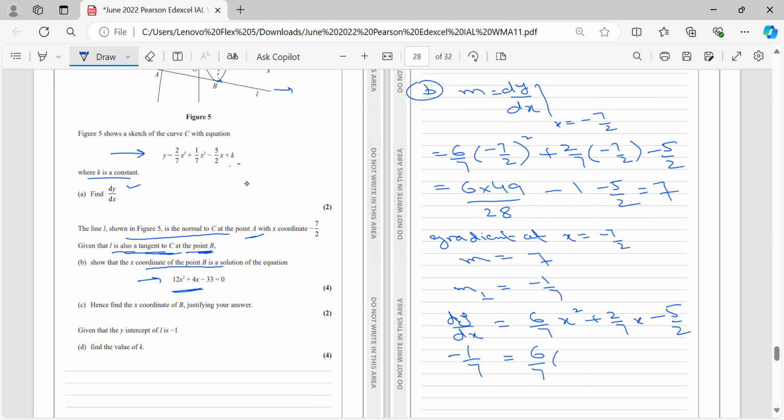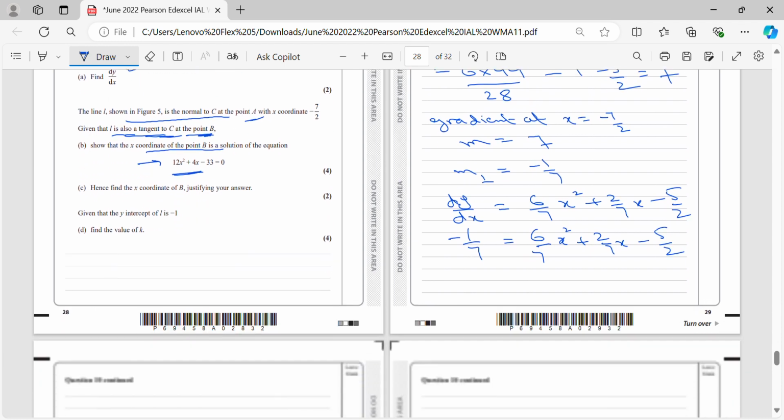So the gradient here is minus 1 over 7 equals 6 over 7 x squared plus 2 over 7 x minus 5 over 2.